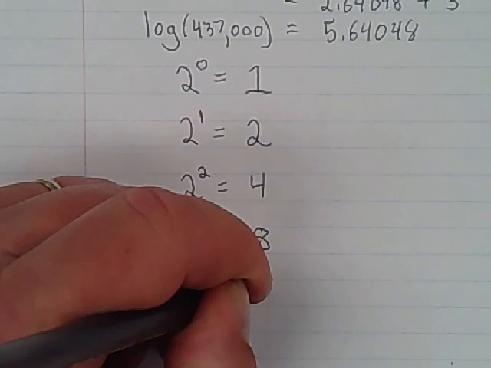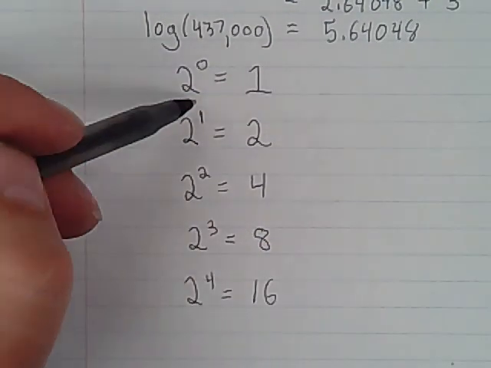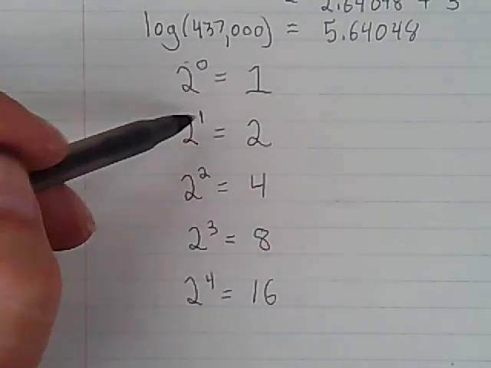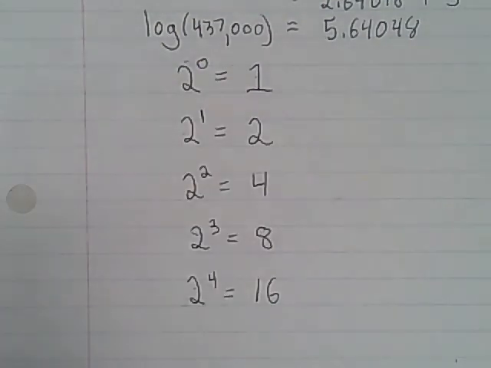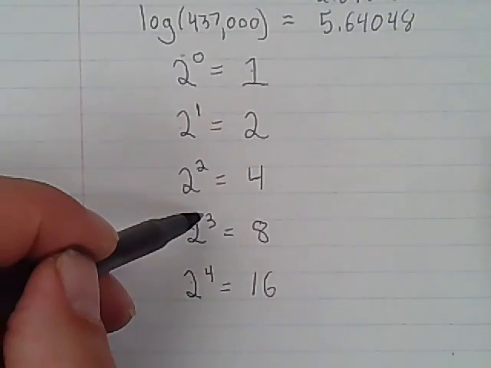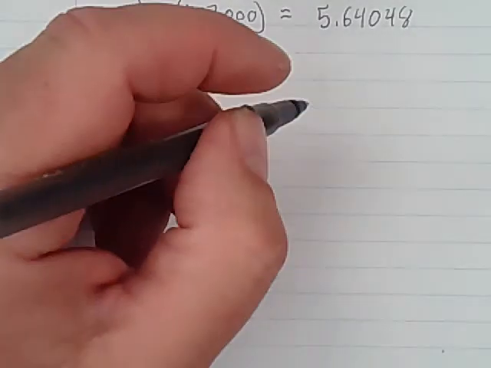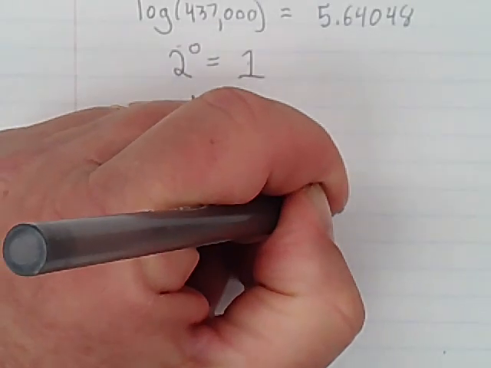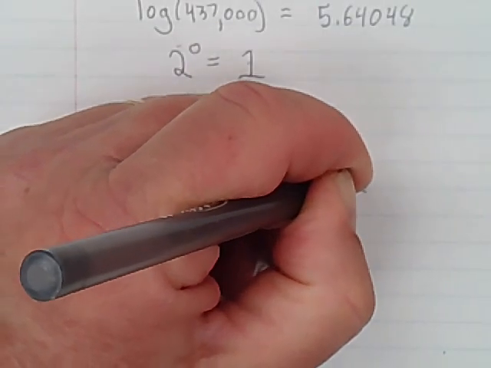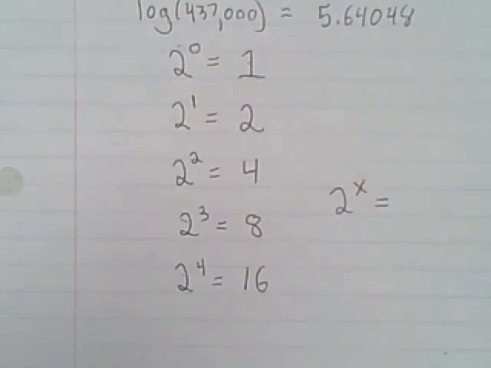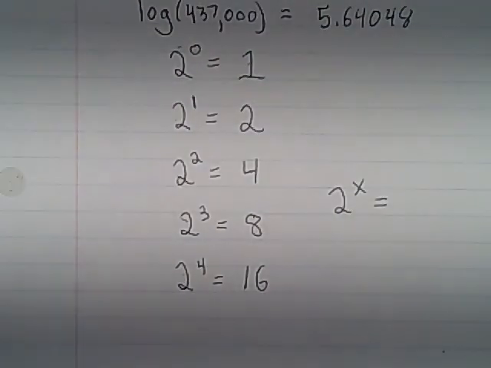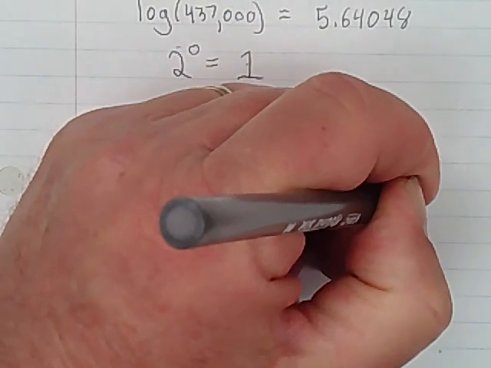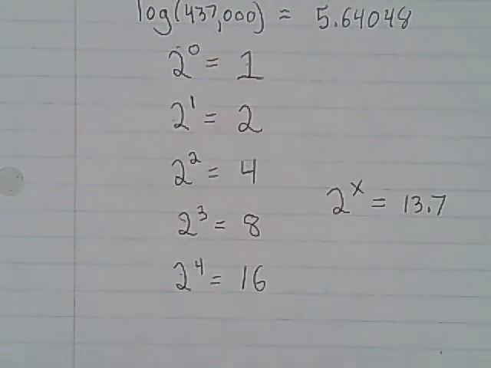So there's a pattern here. Whatever number we start off with, typically 1, we now double it, double it, double it, double it to 1, 2, 4, 8, 16, and so forth. What if I wanted to find that value of x such that 2 raised to the x power is equal to 13.7?